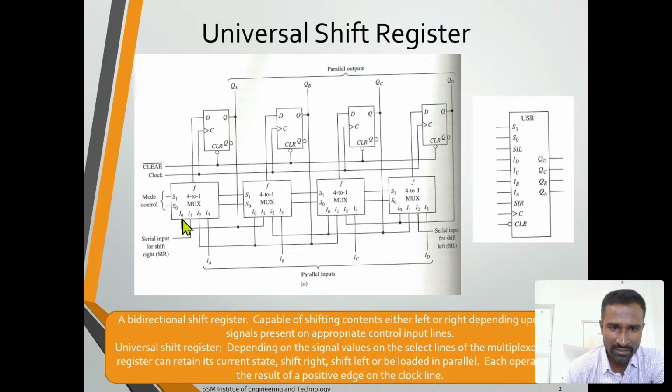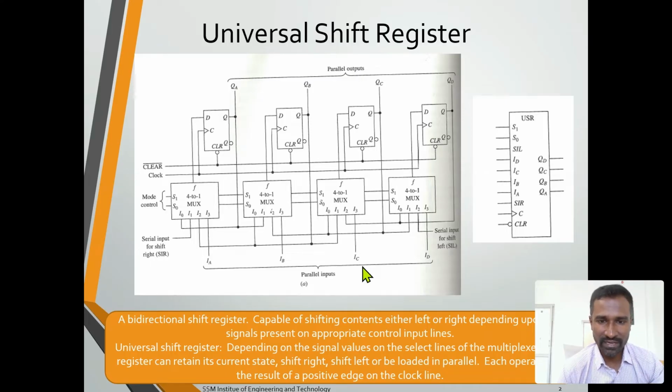I1 represents the serial input for shift right, so this is the pin responsible for the shift right operation. And I2 is the pin responsible for the serial input for shift left.